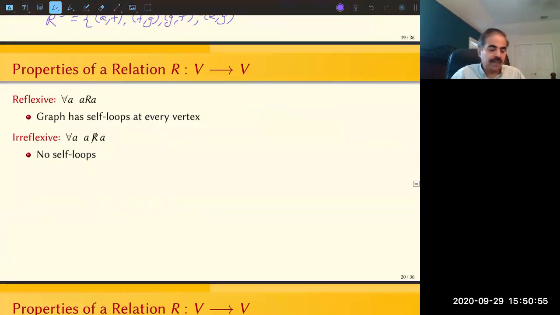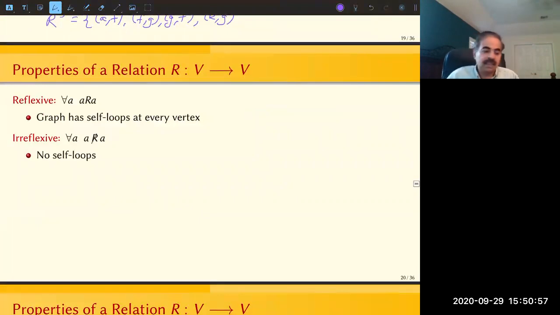So now we are going to talk about some properties of relations. A relation is said to be reflexive if every element is related to itself, right? So for all elements, you have the condition that the element is related to itself.